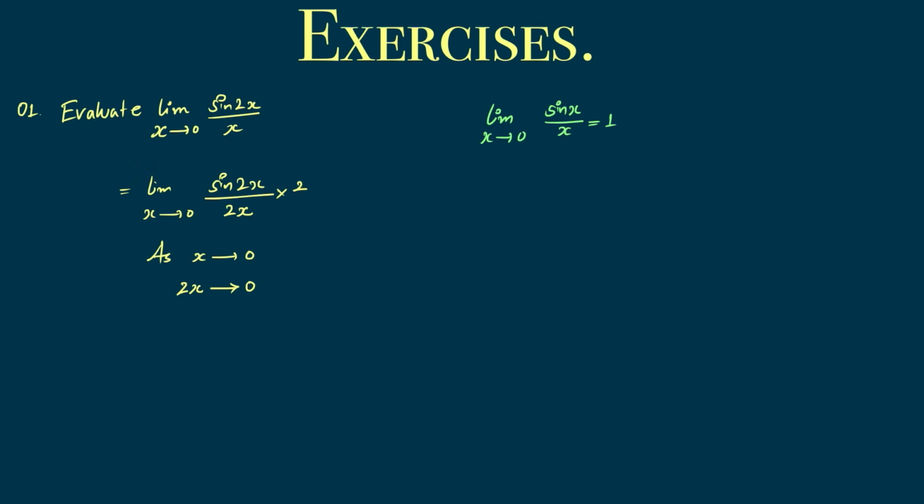So it will be 2 into limit 2x tends to 0 sine 2x by 2x. Now if I compare this particular term with this formula, then it will be 1. So it will be 2 into 1, and the answer for this question is 2.